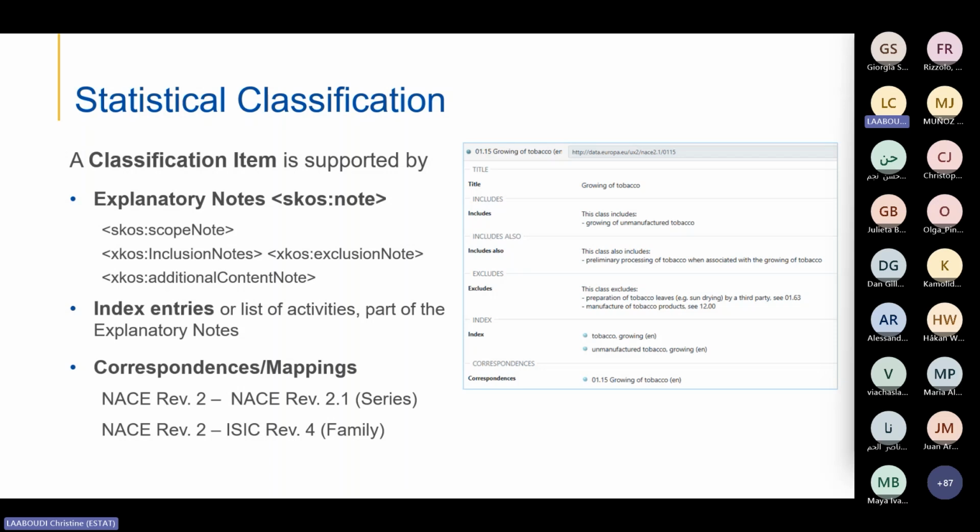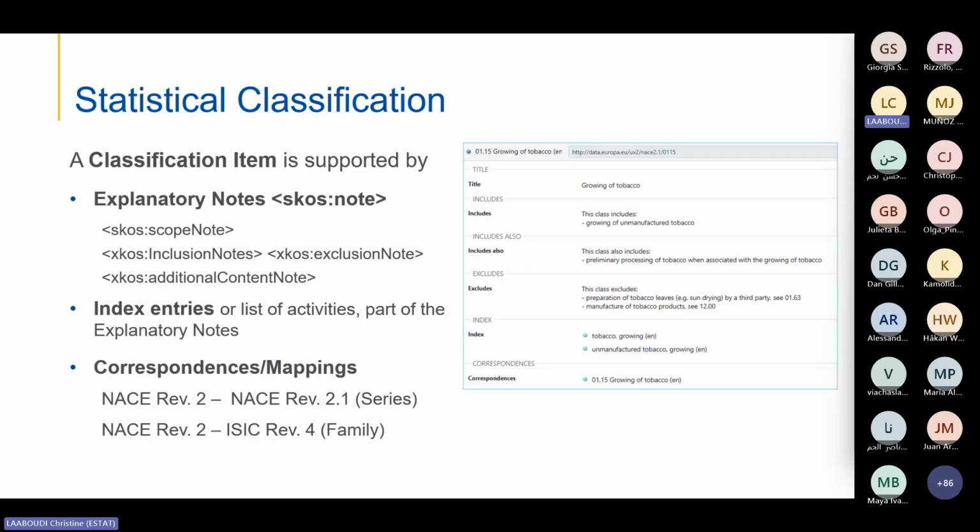We have a mapping between two versions of the NACE, belonging to the same series. But we also have mapping between classifications covering the same domain, such as NACE and ISIC, that belong to the same classification family.